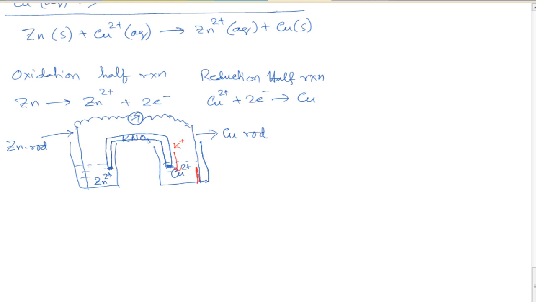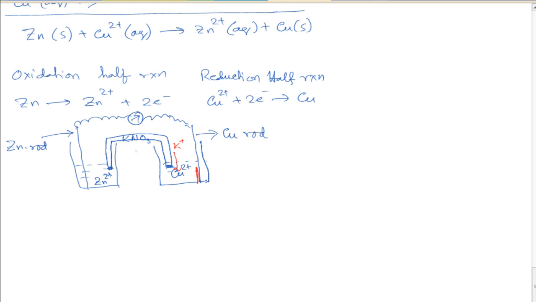And on the left side, the zinc cation is coming by the dissolution of the zinc solid metal. So it has the positive cation, so it needs an equivalent amount of anion to balance it out.